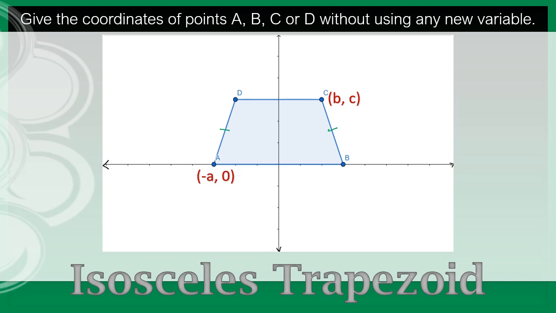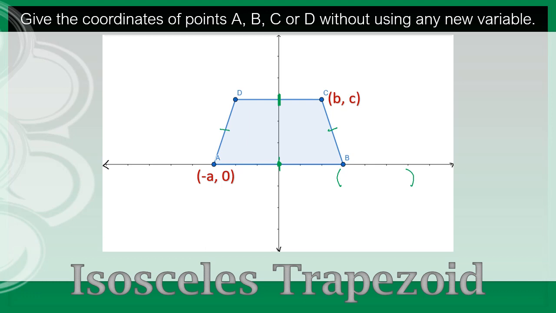With that, we can say that point C and point D are equidistant with respect to our y-axis, in the same manner that point A and point B are equidistant from our origin. That means we have our clue to find the coordinates of point B.